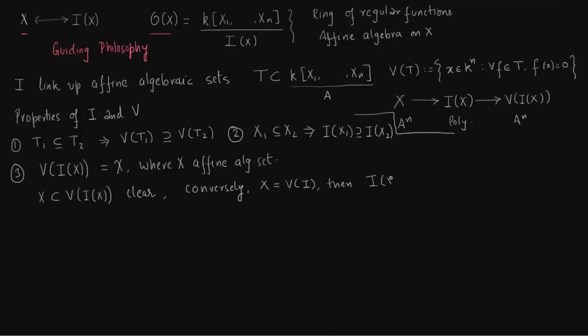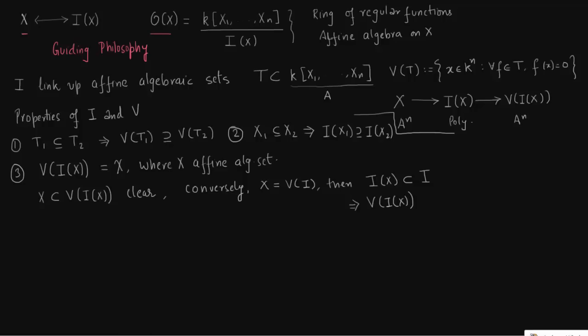Conversely, if X is equal to V of I, or zeros of I, then the ideal of X is contained within this ideal I. The ideal of X consists of polynomials which vanish on set X. Now you apply the V function to it.